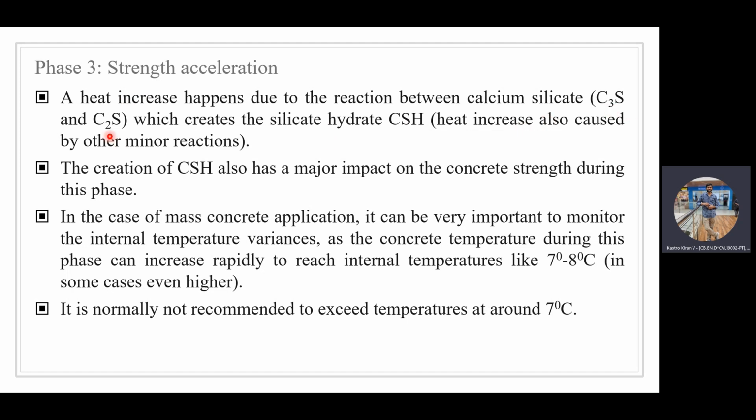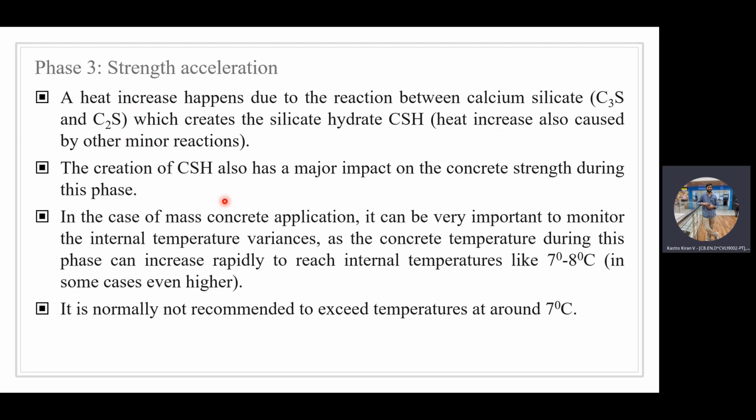As I said earlier in the Bogue compound discussion, the C3S is responsible for the initial setting time. Whatever initial strength that you are going to get is because of the C3S compound. Whatever the later strength that you are going to get for the cement or the concrete is all because of the C2S compound.